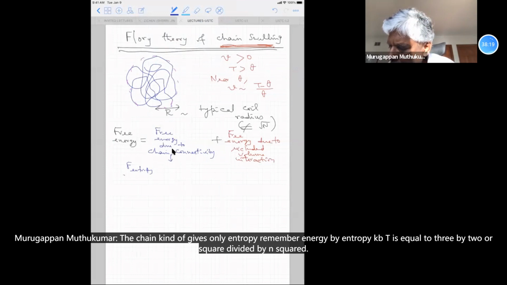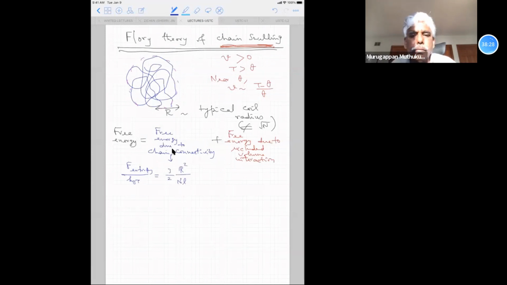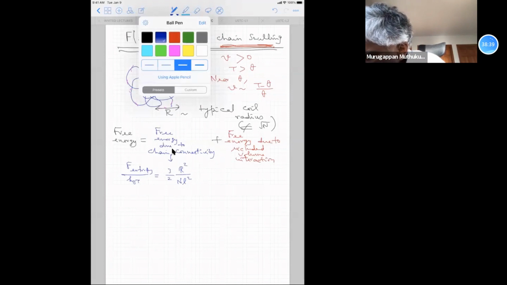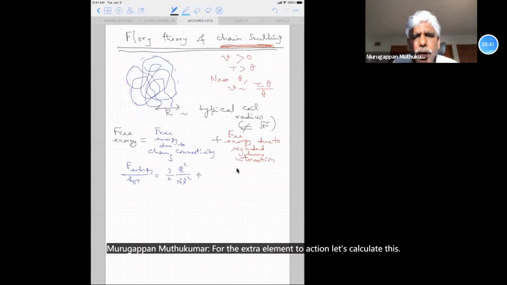Free energy by kBT is equal to 3 by 2, R squared divided by N L squared. We had this result before. This is the Gaussian chain result. Okay, so now for the excluded volume interaction, let's calculate this.